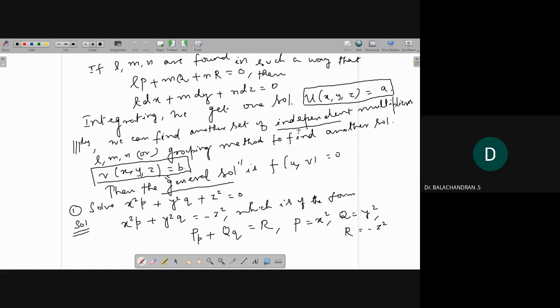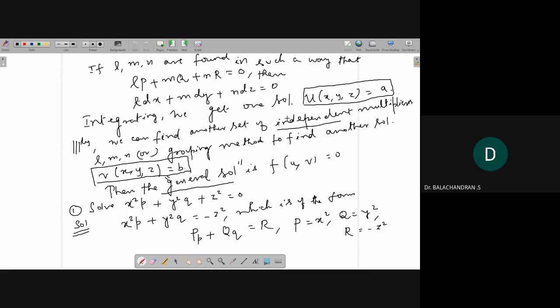Similarly, we can find another set of independent multipliers L, M, N, or use the method of grouping, to find another solution. If the method of grouping is possible, then you can solve by using it. If it is not possible, then you should use multipliers.